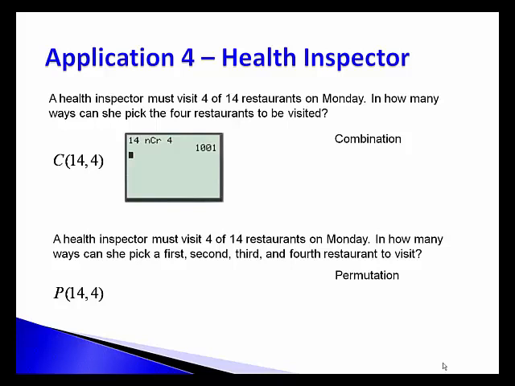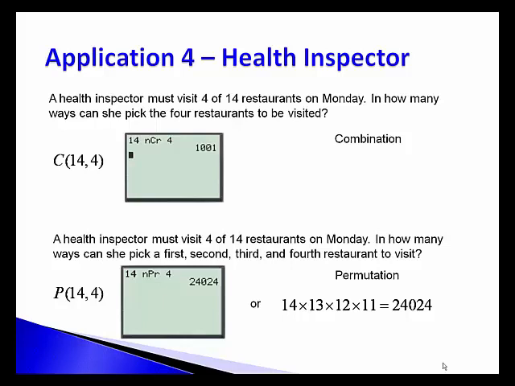You're going to have many more because restaurant A, B, C, D is different if it's C, B, D, A. On the calculator it looks like this, and we get 24,024 choices. This one could also be done, don't forget, as 14 times 13 times 12 times 11, which also gives me my 24,024 choices.